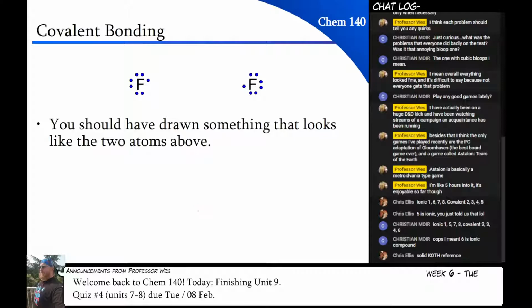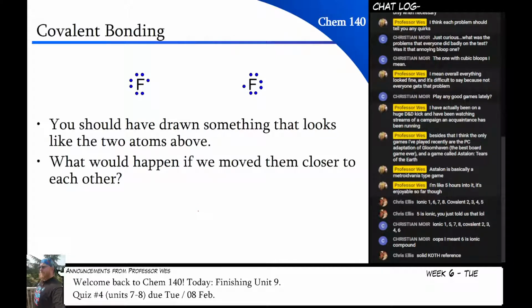And what we're going to do is this. We're going to slide them together. And the ones that are in the center are going to count for this left atom, but they're also going to count for this right atom. So what we're basically doing is cheating.